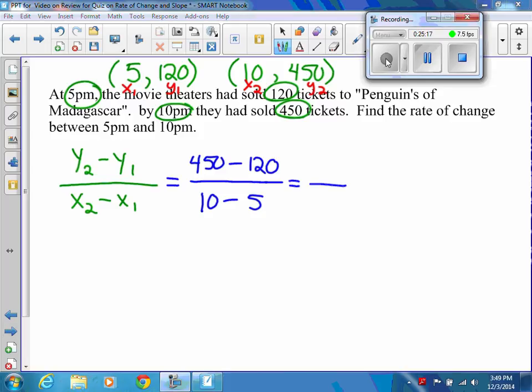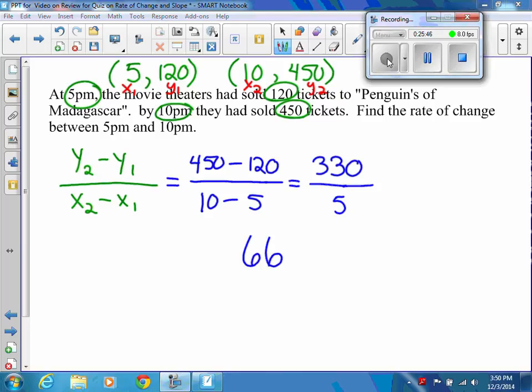Okay, so if you do the math here, your numerator becomes 330, and your denominator becomes 5. But again, remember now, I do need to divide this out. And so what do we get now? Your answer should be 66.